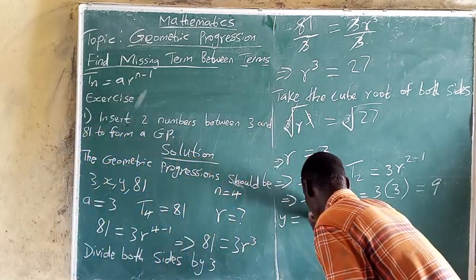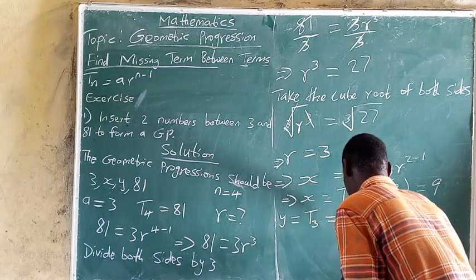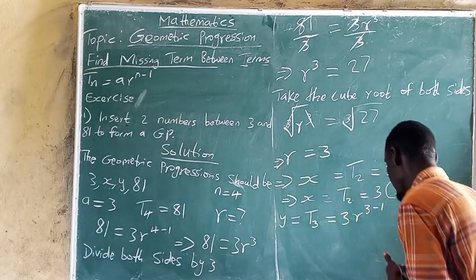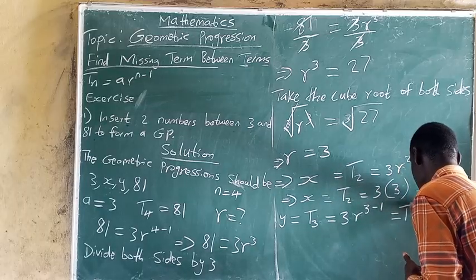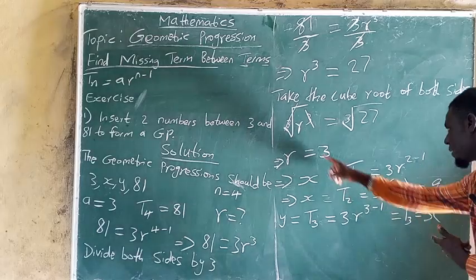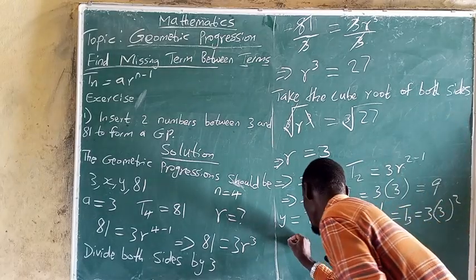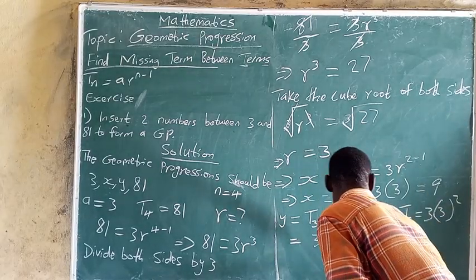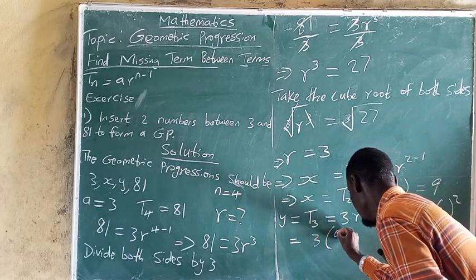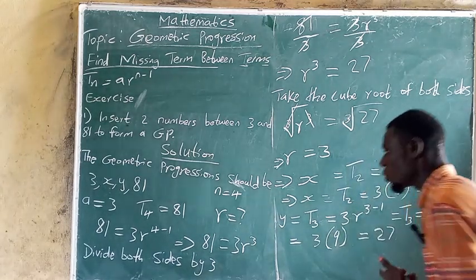So our t sub 3 will be the first term, which is 3, then r raised to the power of 3 minus 1, which is equal to t sub 3 is equal to 3 bracket open, the r is 3, raised to the power of 2. So you have 3 times, 3 times 3 will give you 9, which will give us 27.